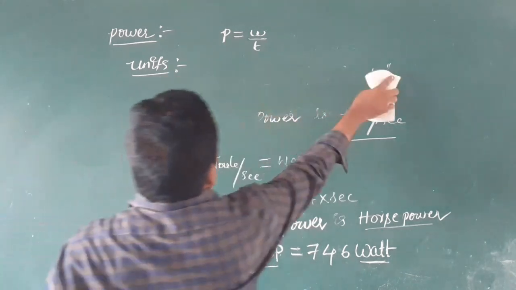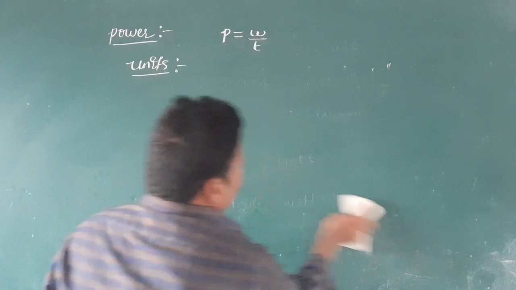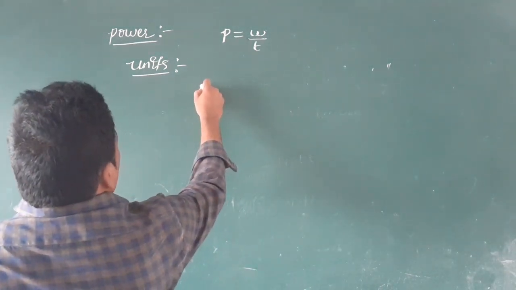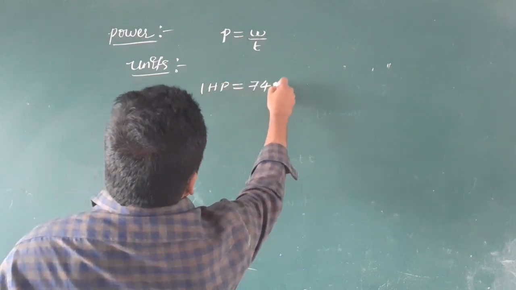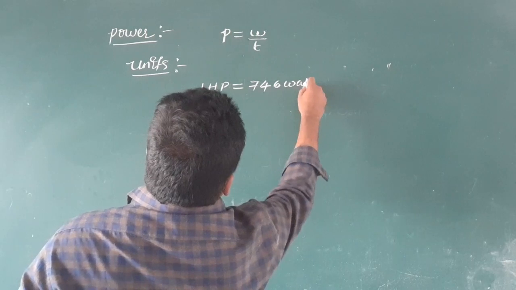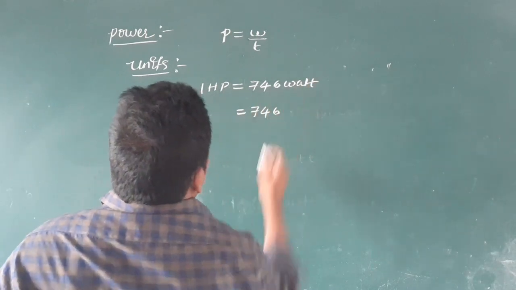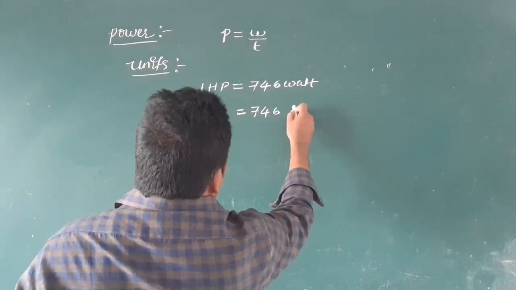Also, I am going to tell you the relation between the CGS and the FPS units of power, students. We know that 1 horsepower is equal to 746 watts. Here, students, instead of watt, we can write joule per second.